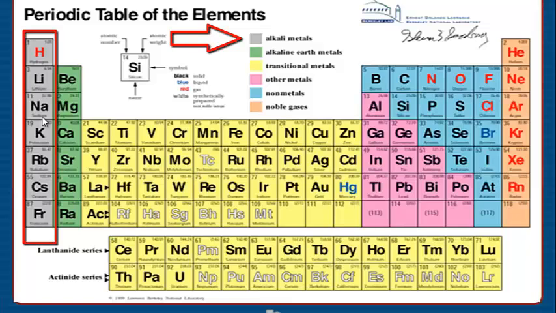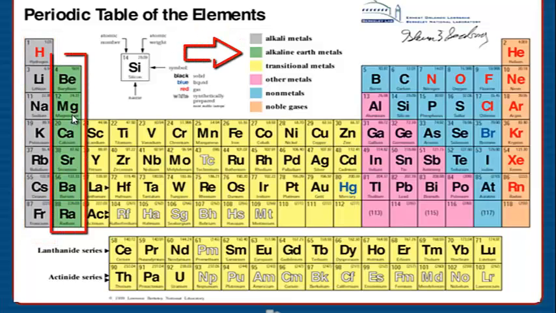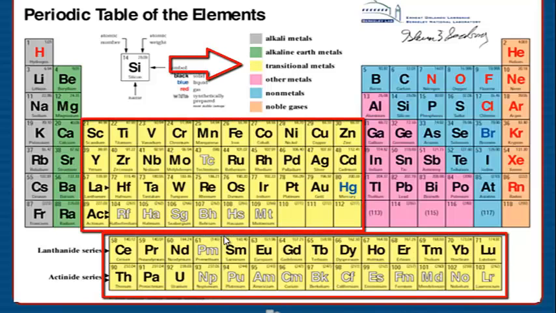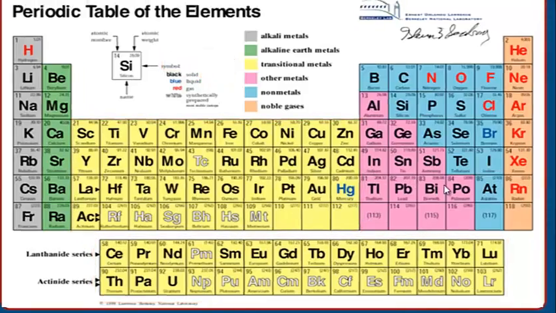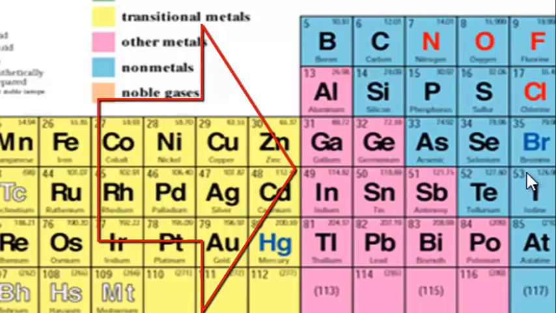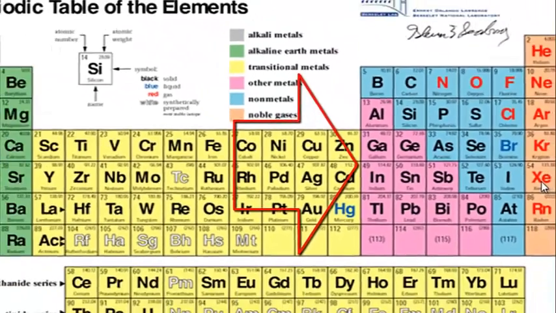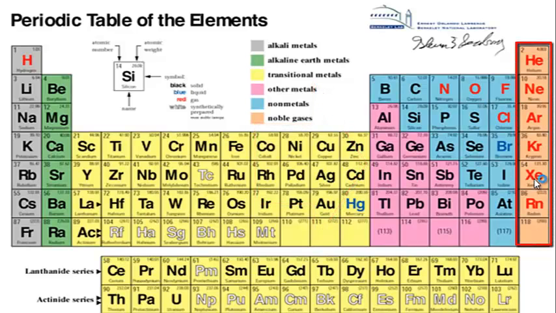They are alkali metals, and the second group that has the green color, they are alkaline earth metals, and all elements that have the yellow color, they are transition metals, and here the pink ones are other metals, and the blue are non-metals, and the elements in the last group are the noble gases that have the orange color.